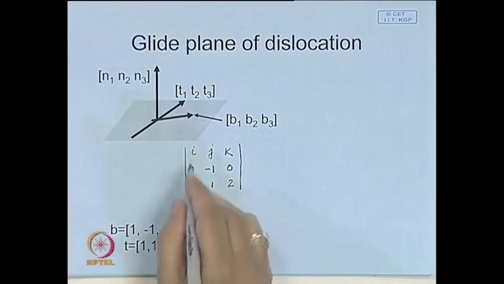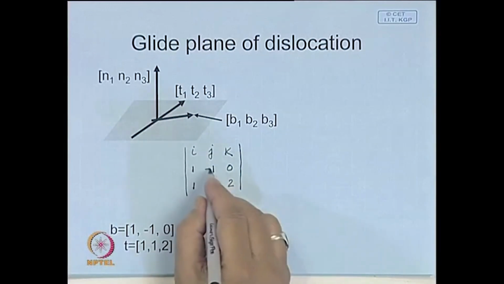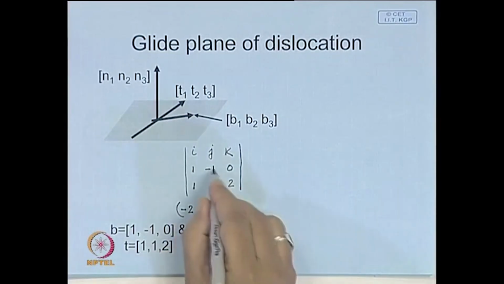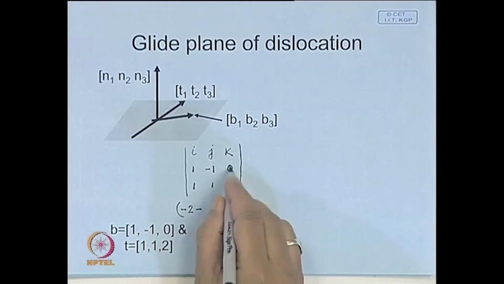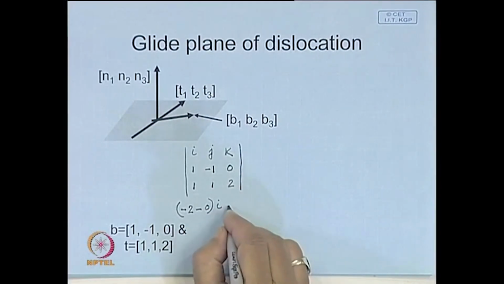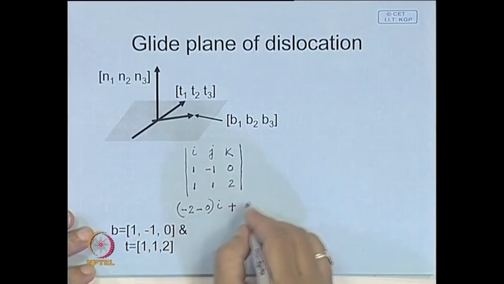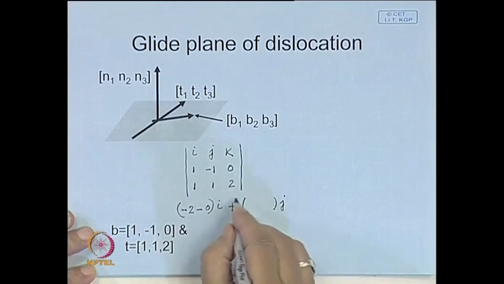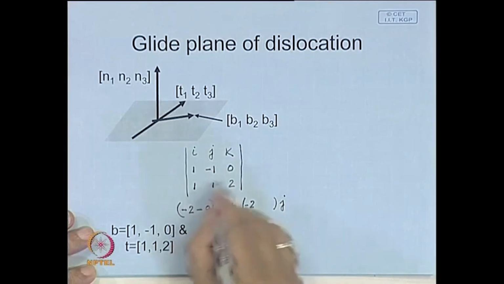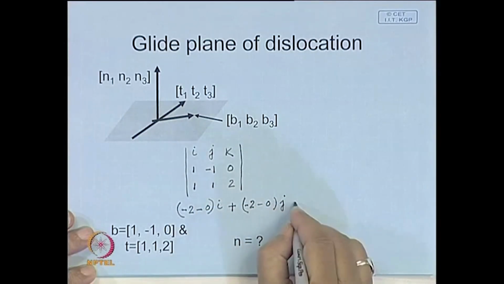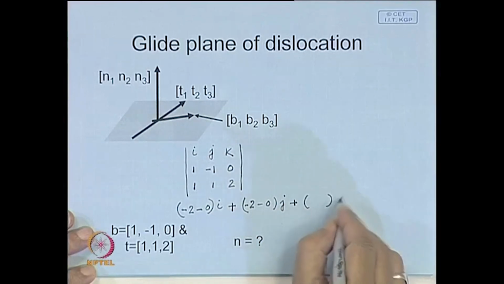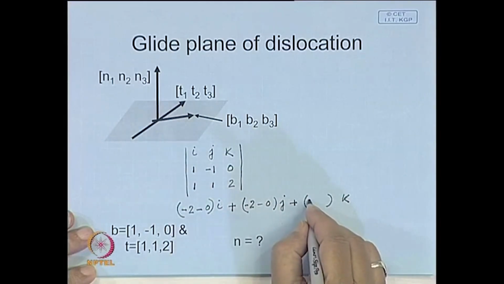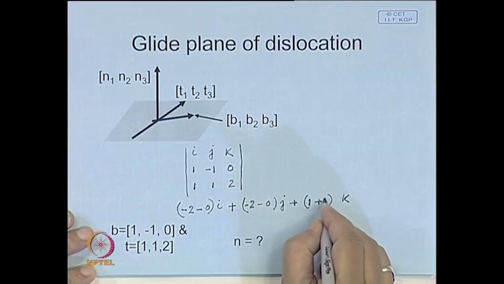Breaking it down gives minus 2 minus 0 for i, plus j times minus 2 minus 0, plus k times 1 plus 1.